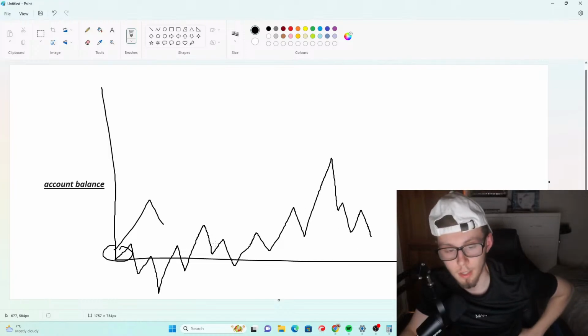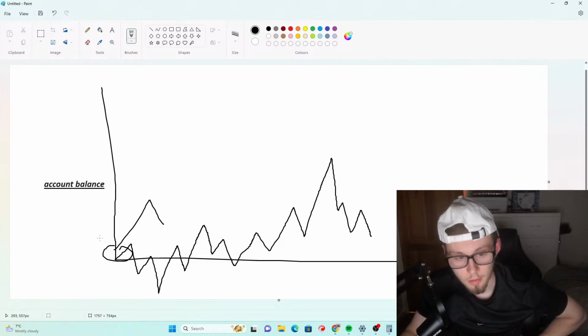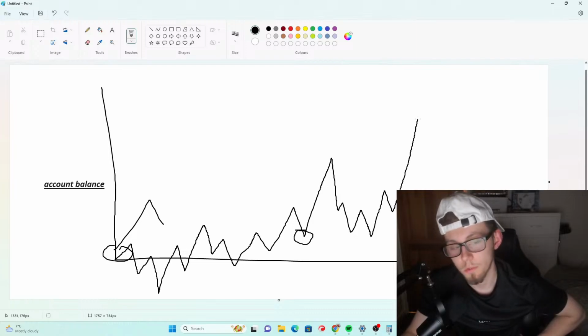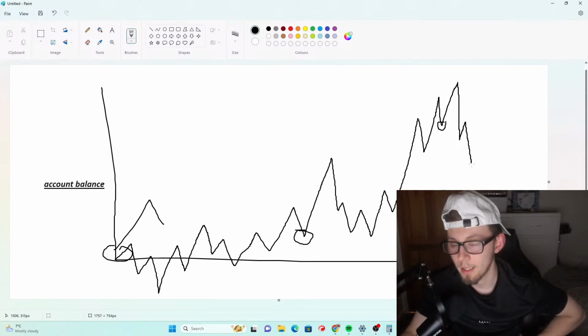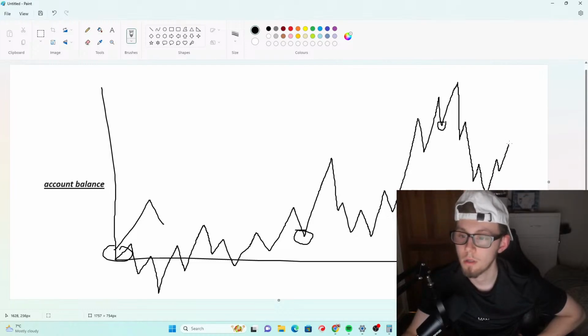Now, as mentioned, these lows here can actually get broken, and these might continue to go to new all-time highs in your account equity balance. But then obviously at some point you might get a break and you're like, oh, this isn't good, and then you get a big plummet again and you're like, oh no, this is not good, and then you might go lower, right? But then you'll end up surpassing this high at some point.